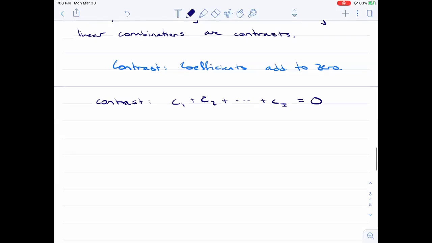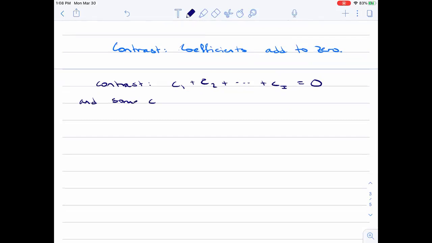And some Ci, C subscript i, might be 0. Often, if you're not concerned with a group, you can just let the coefficient be 0.